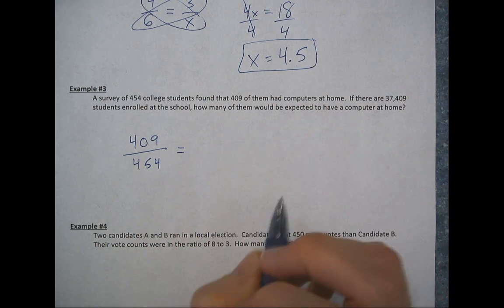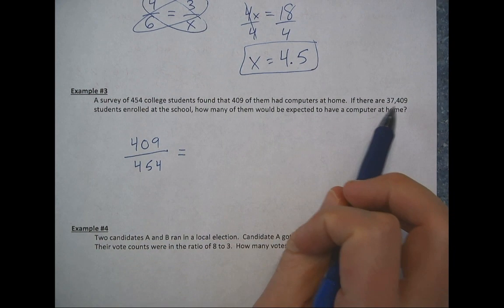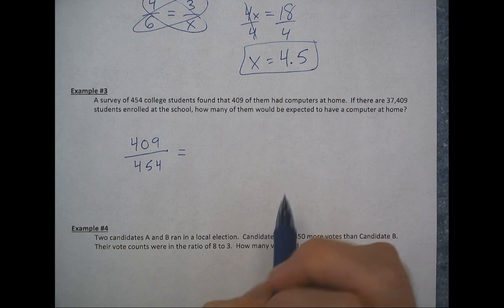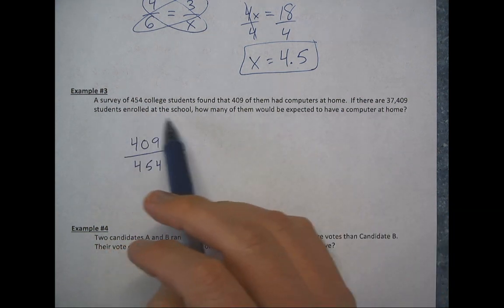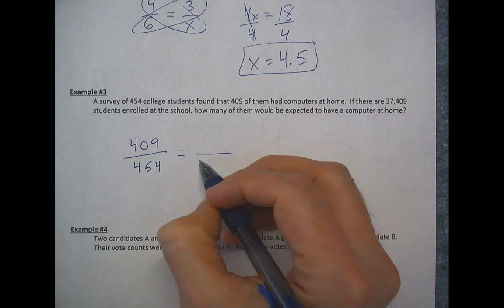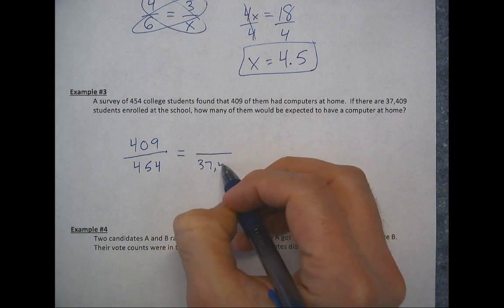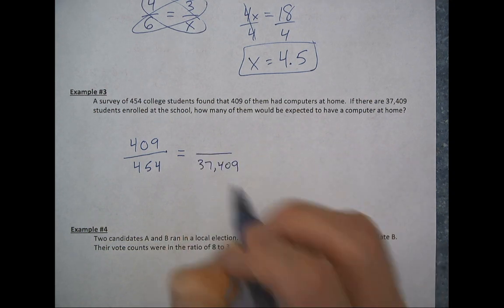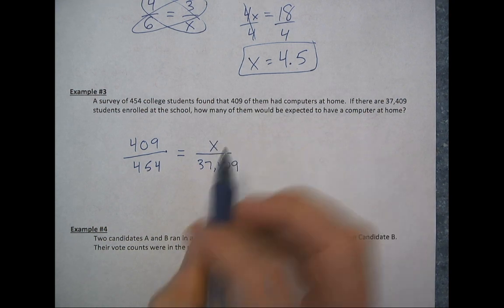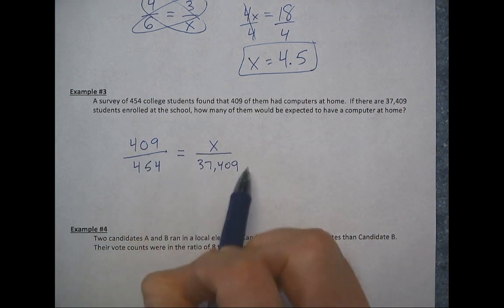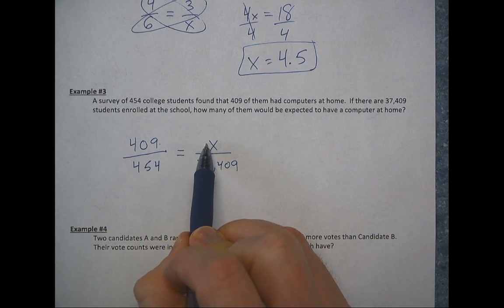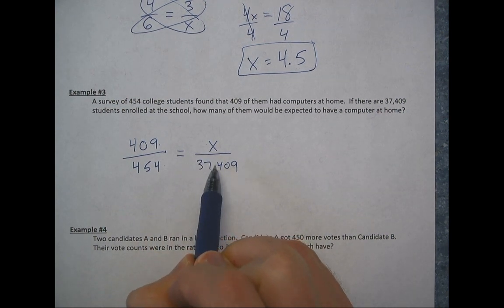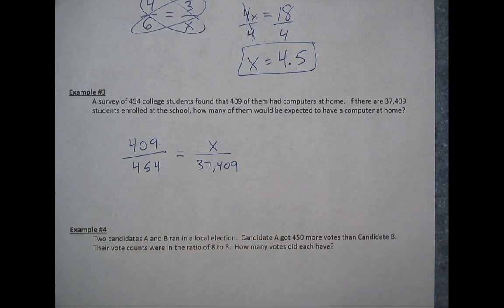That's going to be equal to, and now we're going to have to put this 37,409 in the right spot. So that's the total students enrolled. That's the total. And what we're looking for is how many of those students would have a computer. So before you cross multiply, you should double check and make sure things are in the right spot. I've got the people with computers on top, and I've got the totals on the bottom. They match. I'm good. Okay, so now I can go ahead and cross multiply and solve this.